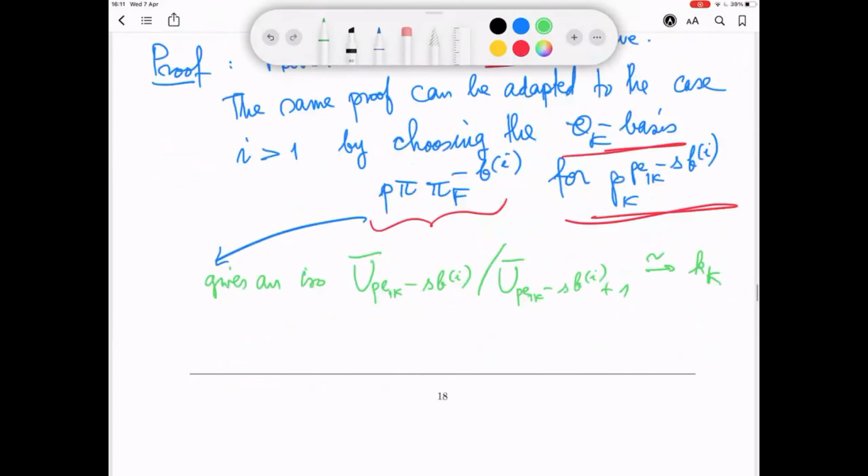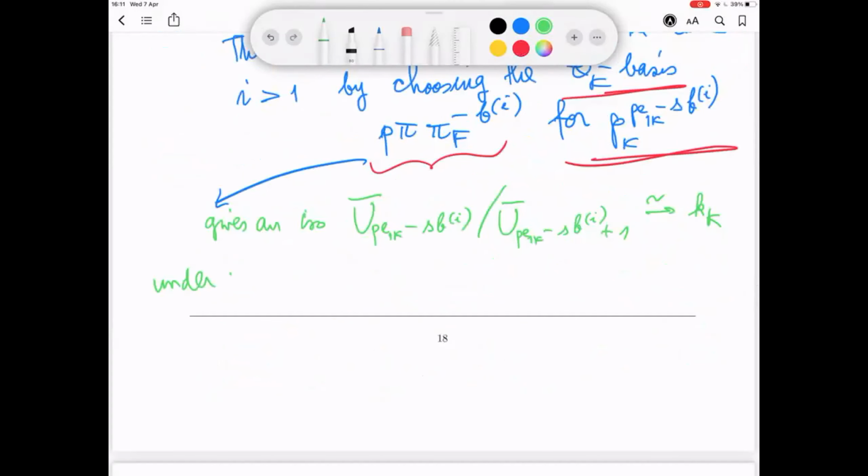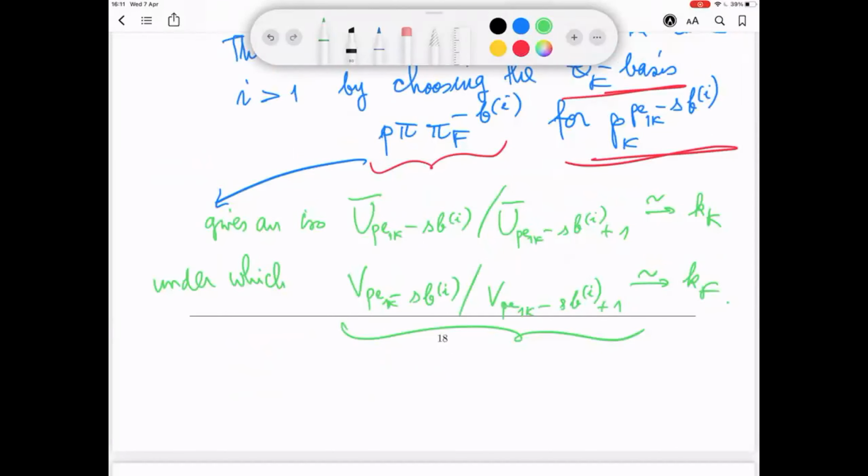under which V PE1 minus S times B to the I modulo V PE1K minus S B to the I plus 1 gets identified with KF. That's it. We wanted to compute the codimension here, right?